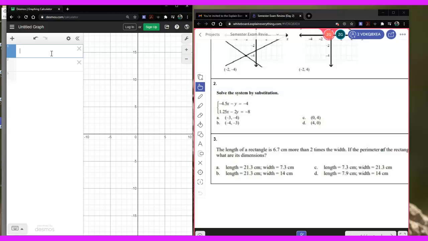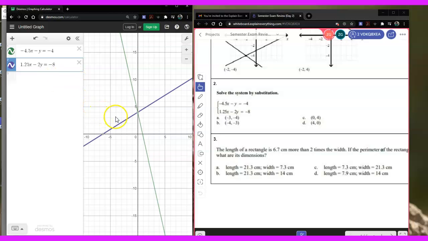So what we have is negative 4.5x minus y is equal to negative 4, and 1.25x minus 2y equals negative 8. You notice that the solution is the intersection. In this case, it's C. It's 0, 4.